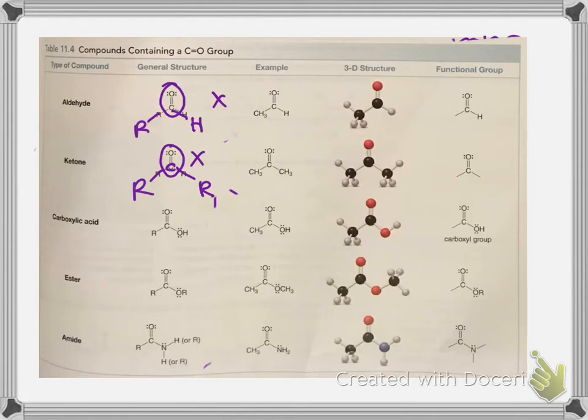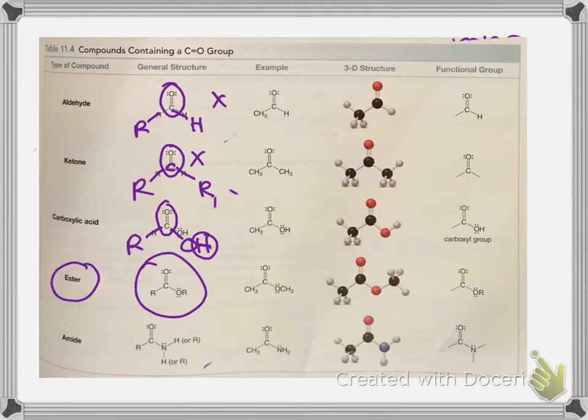Here I think I'm getting closer. I see a C double bond O. I have an R and then an O and an H. But mine had an O, this was not an H. It was an R. And look, I have an R, the C double bond O, O, and then another R. I'll erase it so you can see. Right here.